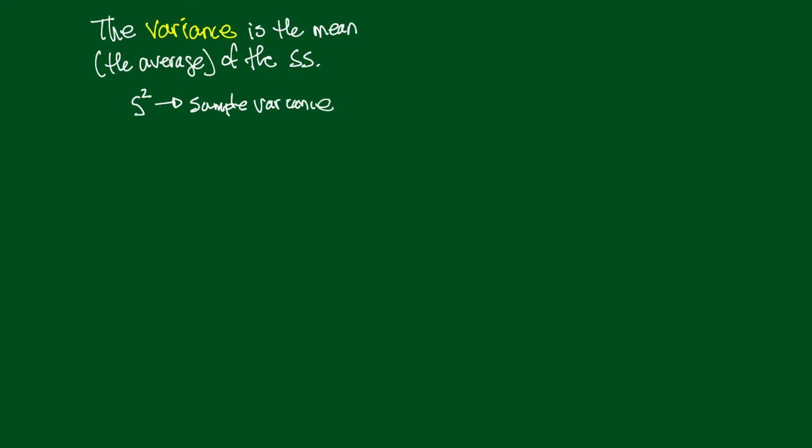And if you write, all right, now here's another Greek letter. If you write sigma squared, this is the population variance. Now, this is a lowercase sigma.